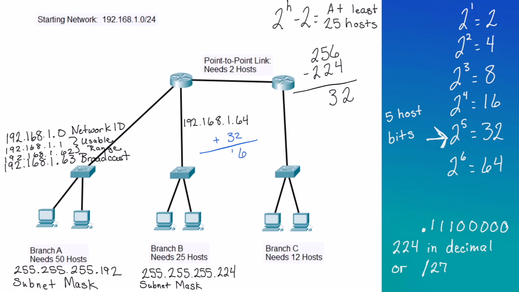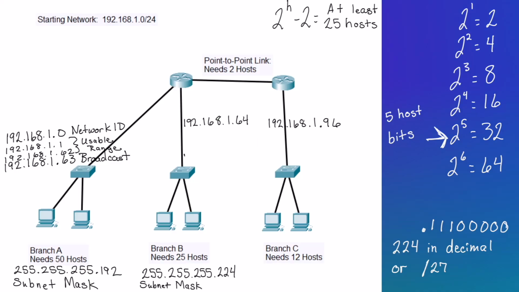When we add 32, which is our block size, to branch B's interesting octet here at 64, that gives us our next network ID, which is .96. We just subtract 1 from 96 to get our network range for branch B. Our network range for branch B is 192.168.1.64 to 192.168.1.95.